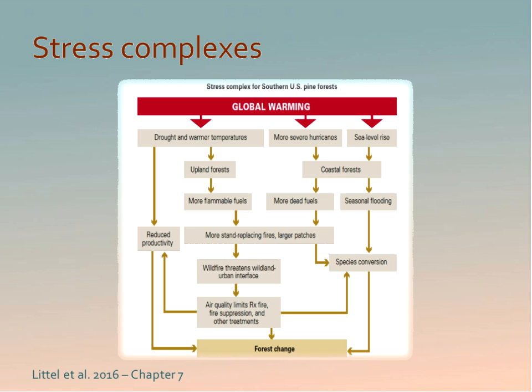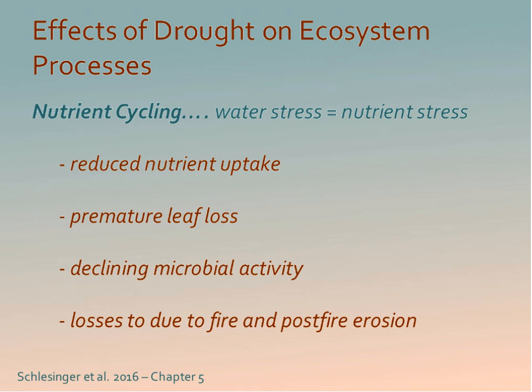The take-home message here is that it might be fairly straightforward to come up with management strategies when you have one thing going on at a time, but in reality, in all regions of the United States, the future portends this combination of stresses, these stress complexes, which make it certainly much more difficult to deal with.